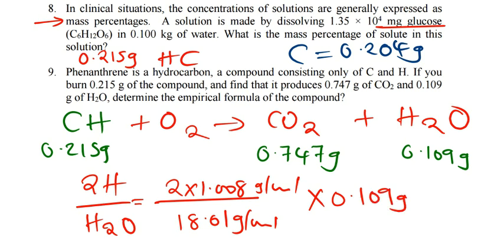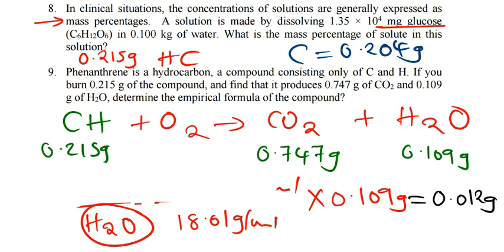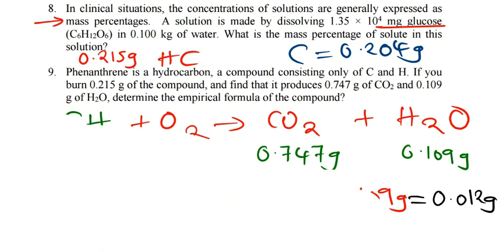We're using the ratio of the number of hydrogen atoms to the total relative molecular mass, multiplied by the given mass. So the mass I'm getting for hydrogen is 0.012 grams.